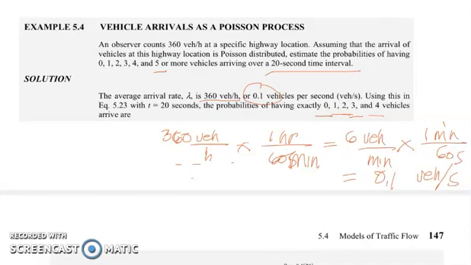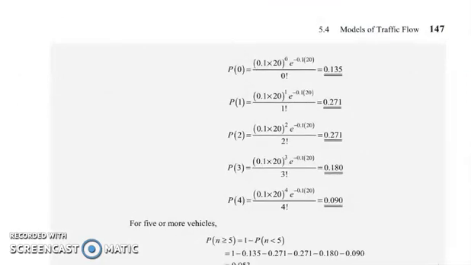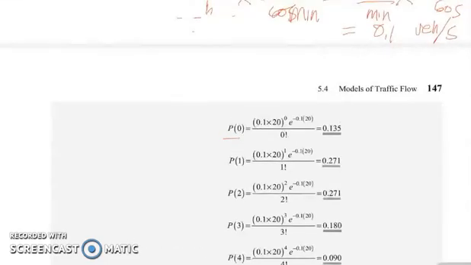Zero vehicles means the probability that no vehicle arrives. So we simply have to identify that our n is 0, no vehicles arriving. We substitute into our equation, which is P of n equals lambda times t raised to n, multiplied by e raised to negative lambda times t, all over n factorial.